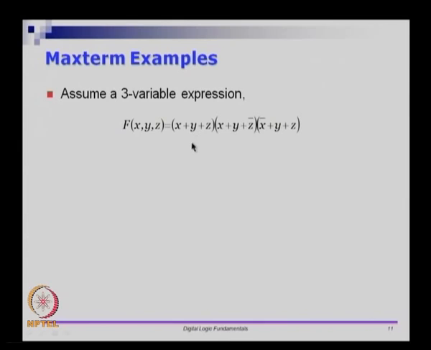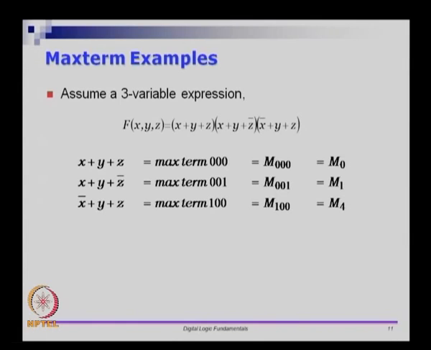If I want to write this expression in a slightly simpler manner, we want to define the notion of max terms. So, we have x or y or z. First of all we stick to the ordering x, y, z; we cannot change the ordering. The interpretation for this 0 is attached with x, this is with y and this is with z. So, x is in the uncomplemented form.